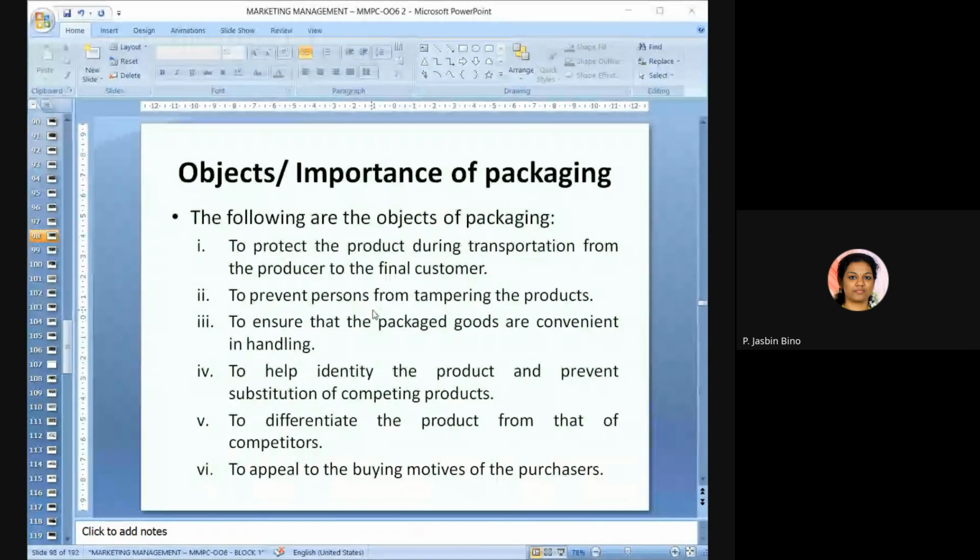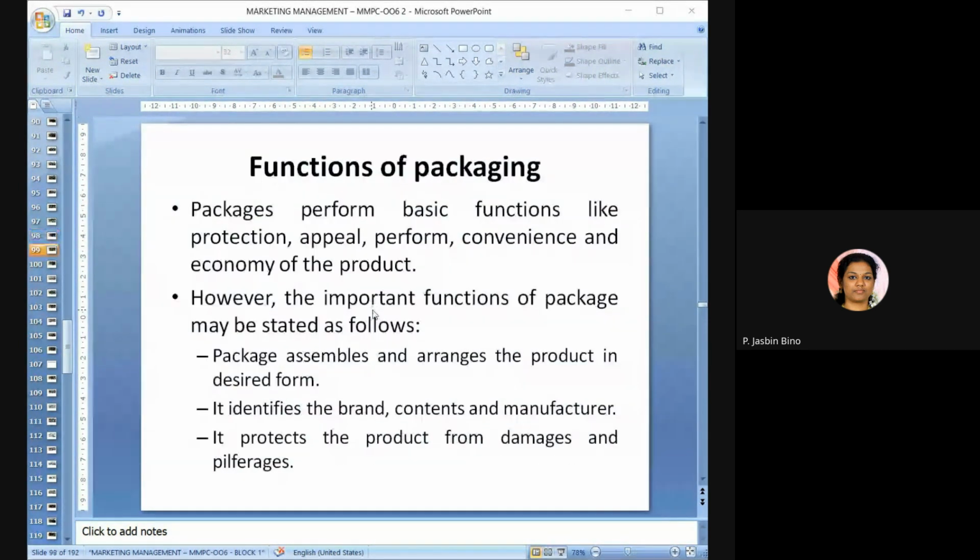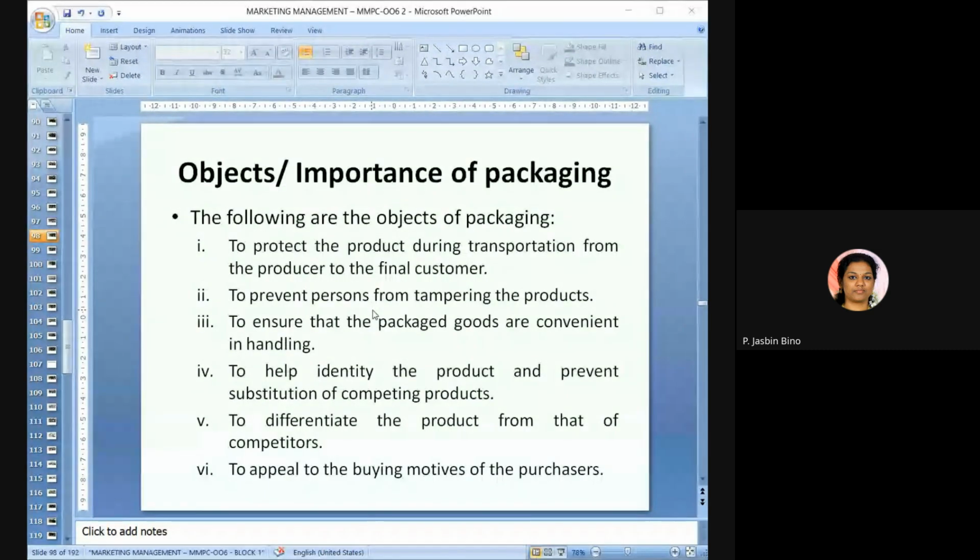Next, packaged goods are easy and convenient for handling. Next, to identify the product from the competitor product and prevent substitution of competing products, packaging is important to differentiate the product from other products and to appeal.